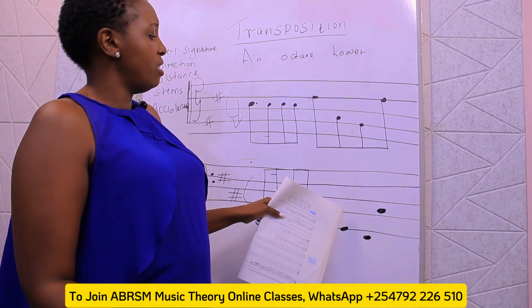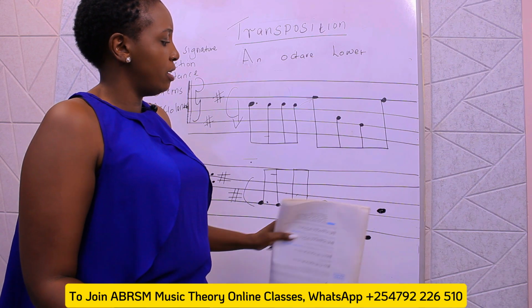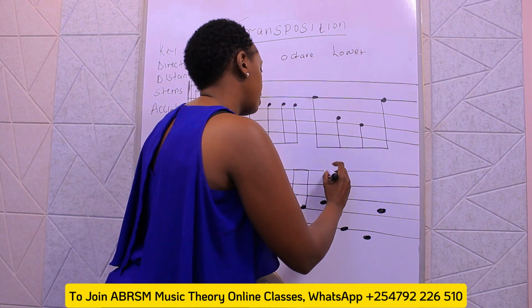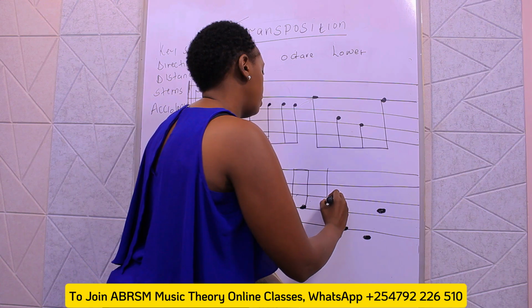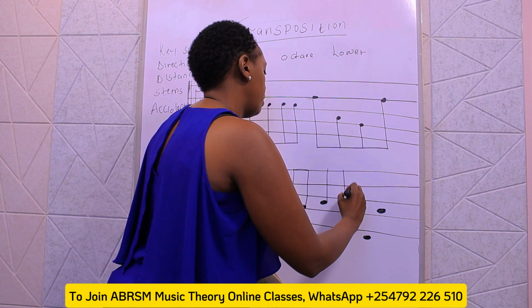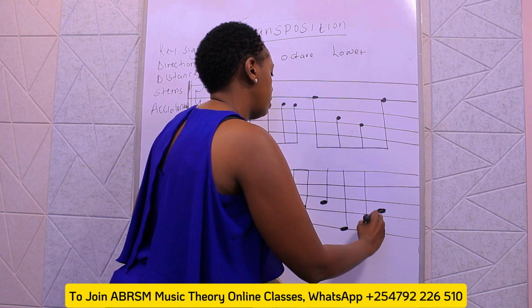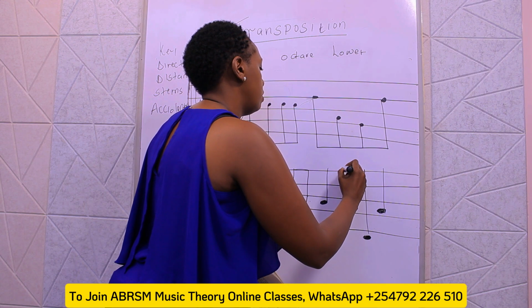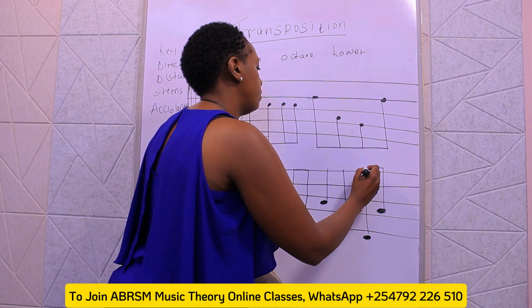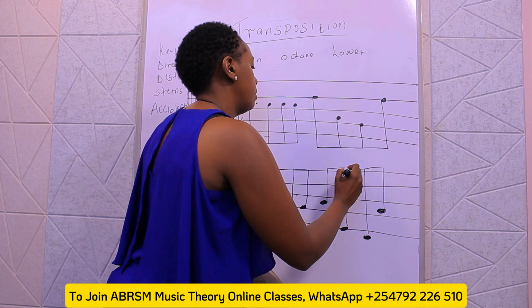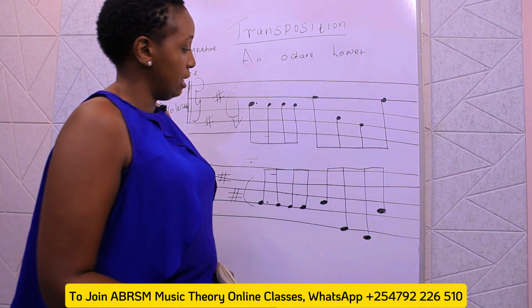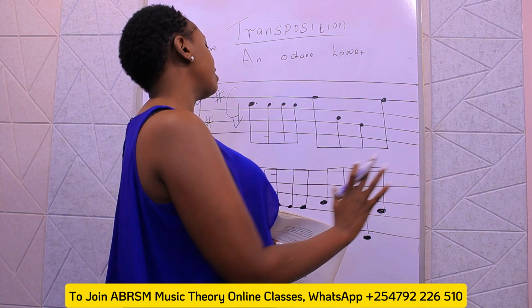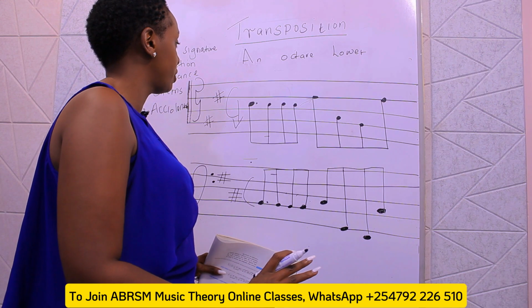Good. As you can see, all the notes are down, and because I am beaming them, it means that I am taking the stems up so that I can be able to beam them. I'm going to beam them over here like that.